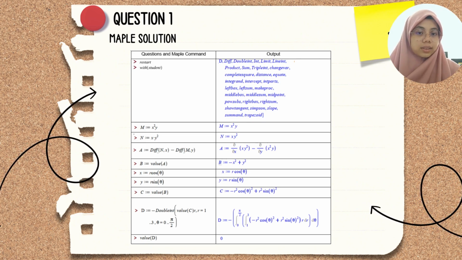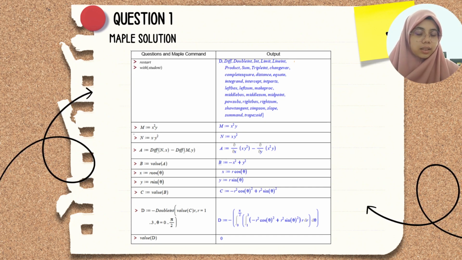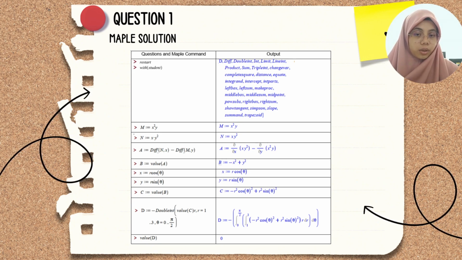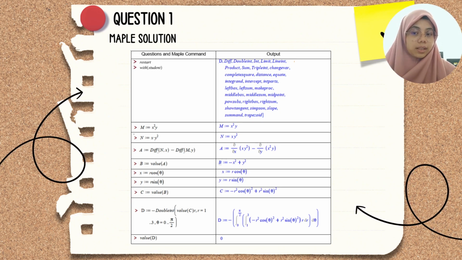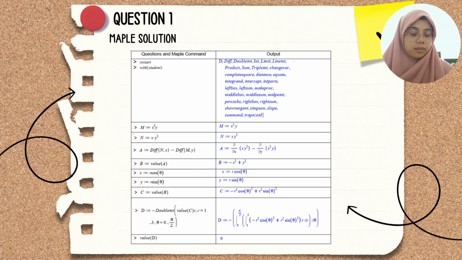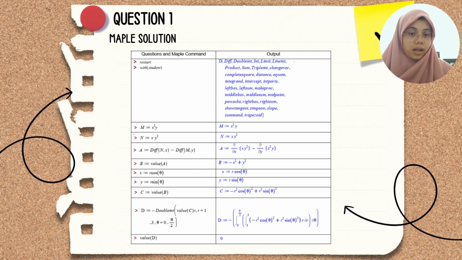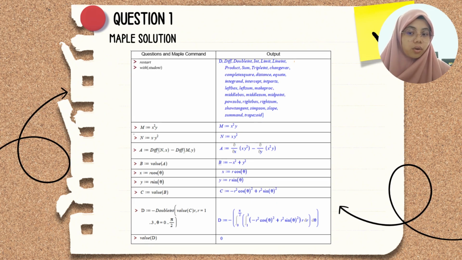Then we let x equals r cos theta and y equals r sin theta. We let C as the value of B, which is negative r squared cos theta squared plus r squared sin theta squared. We let D equal negative double integral of C multiplied with r, r equals 1 till 3, theta equals 0 till pi over 2. Then we get the value of D, which is 0.